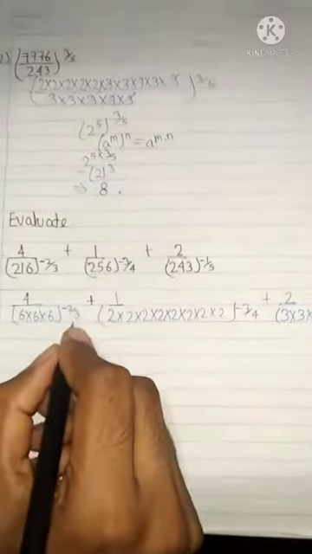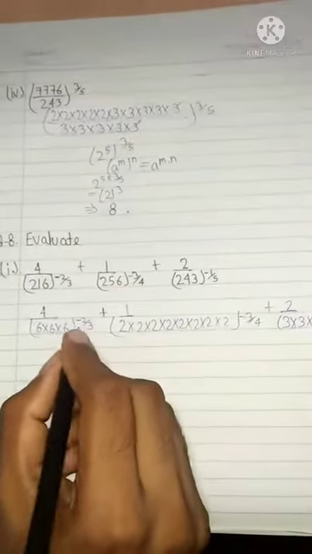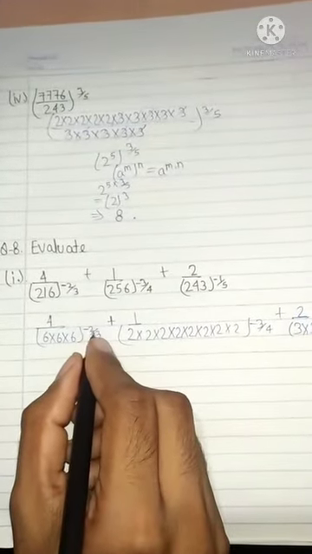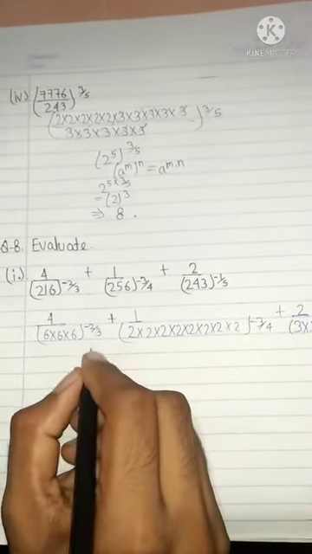First we make this minus 2 by 3 into positive form. When you see the exponent is negative, change the numerator and denominator.